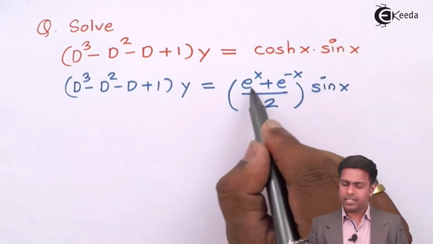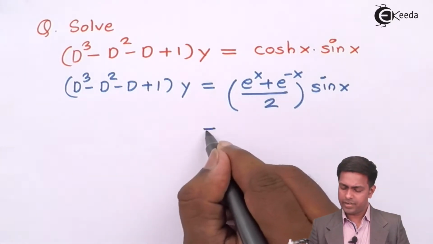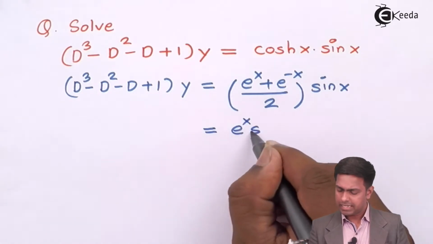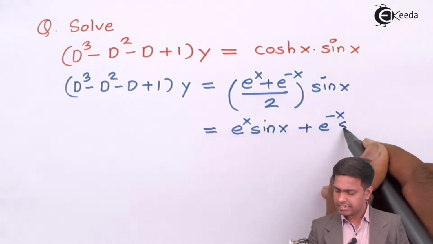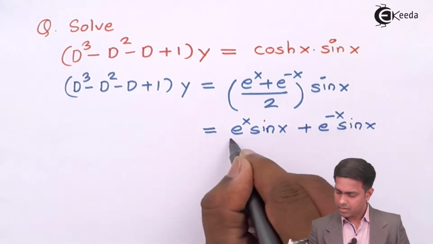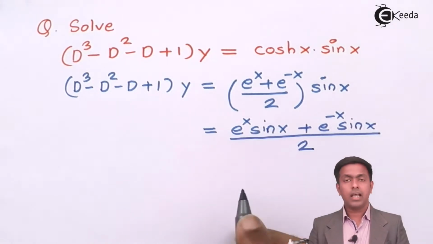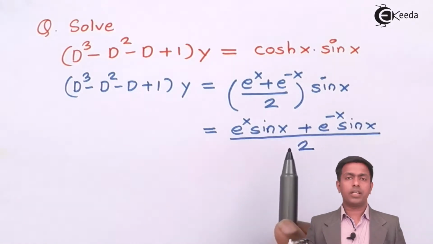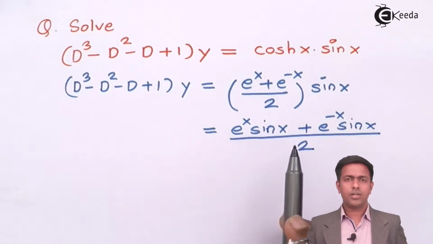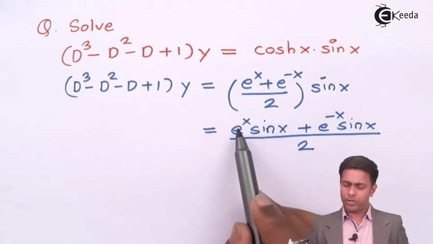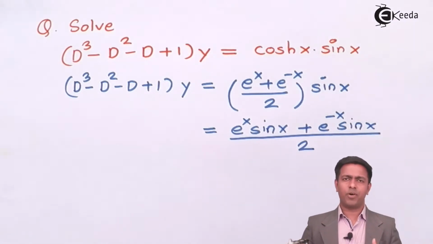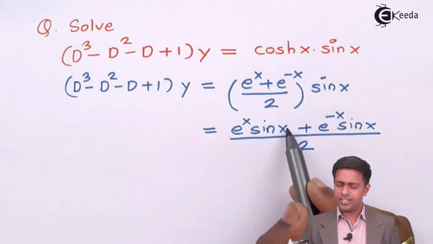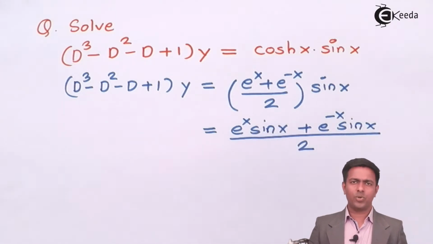If we multiply this bracket with sin x, we will get e to the power x sin x plus e to the power minus x sin x. And to find the particular integral, if you see this form, e to the power x sin x or e to the power minus x sin x, it is matching with e to the power ax into v, where v is some function of x. So I'm going to use that method.